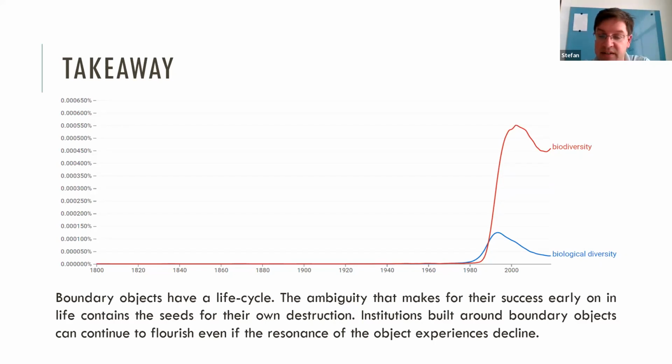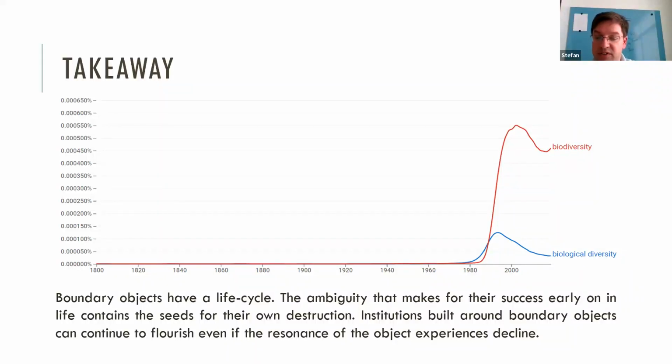and institutions and programs on conservation biology are also well established, and one could say they have replaced wildlife management, which preceded them. So this is a success story, not a fading out of existence, but it still shows that once this institution building was done, and once it succeeded, the initial ambiguous boundary object became less important.